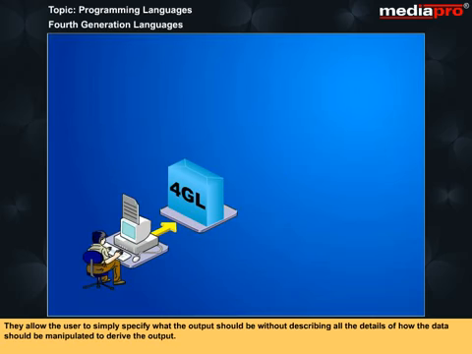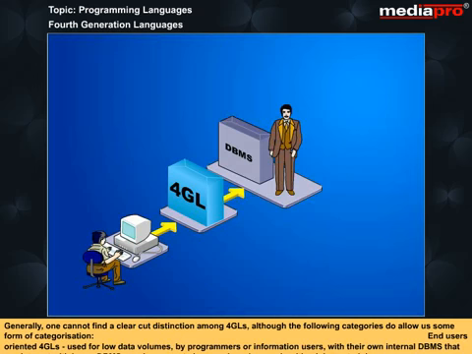They allow the user to simply specify what the output should be without describing all the details of how the data should be manipulated to derive the output. Generally, one cannot find a clear-cut distinction among 4GLs, although the following categories do allow us some form of categorization.